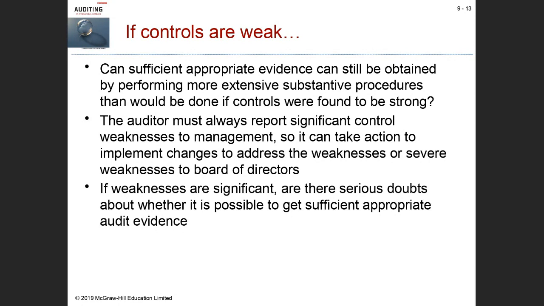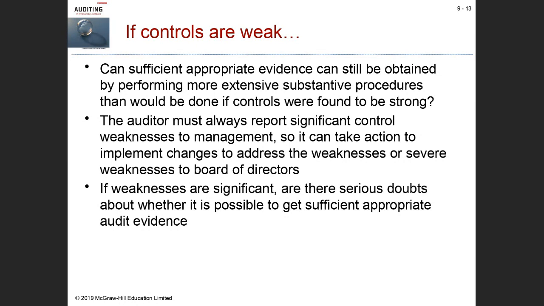What they're saying is, if internal control is so weak, can we counter that by doing much more in the area of substantive procedures? We might not be able to. Even if we do more substantive procedures, that might not be sufficient in gathering sufficient audit evidence for our audit opinion.